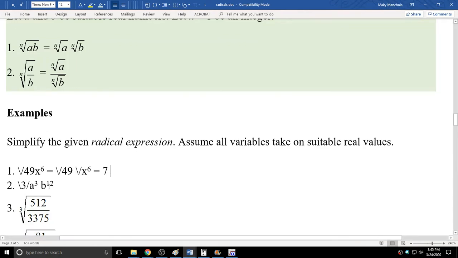Now you have to ask the question, what is the square root of x to the 6? What do you square to get x to the 6? It has to be x cubed, because x cubed to the 2nd power turns out to be x to the 6th.